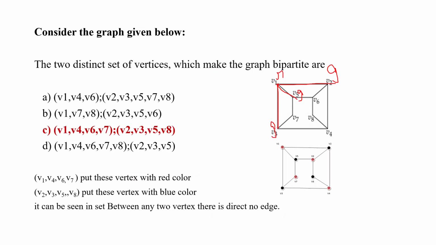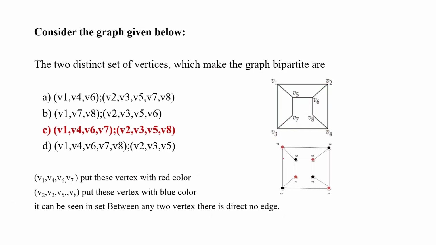So here green means here it has to be red. Here green means it has to be red. Here red means here it has to be green. Here green means here we can write red. And you can check, here red means this is green, this is also adjacent green. So here only two colors are enough. Sometimes, if they give the diagram directly like this, two colors are not enough. We sometimes have to use three colors.